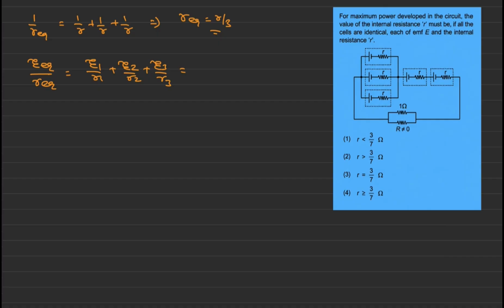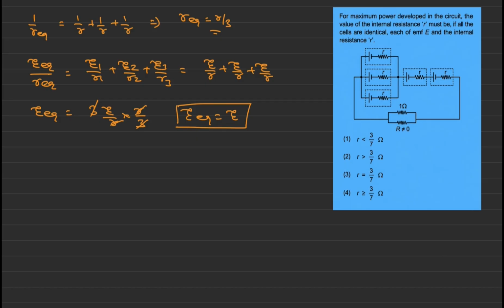But all of them are identical, so it will become E by R plus E by R plus E by R. From here, E equivalent value will become equal to 3 times E by R multiplied with R equivalent, and R equivalent value is R by 3. This R and R will get cancelled out. 3 and 3 will also get cancelled out. So you will get E equivalent value equal to E.